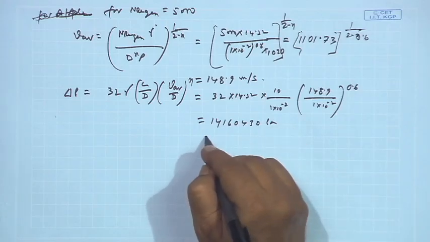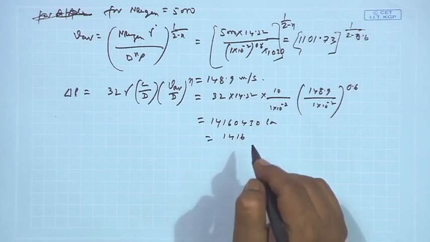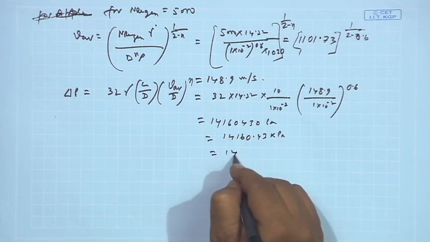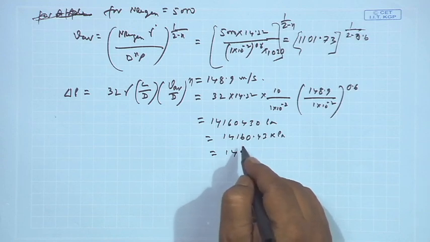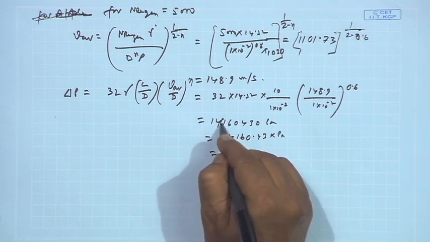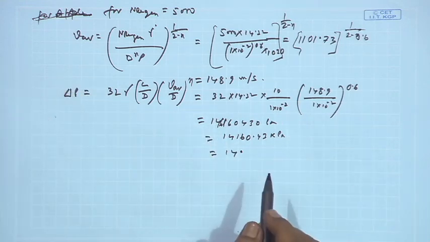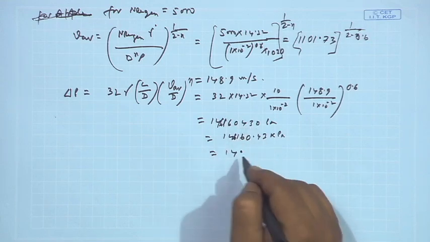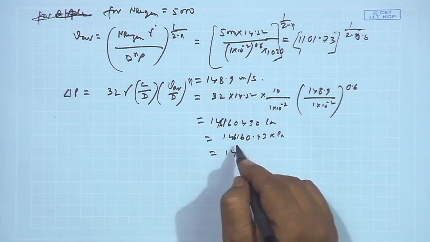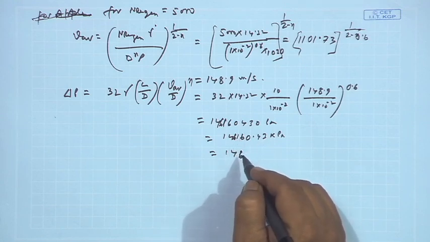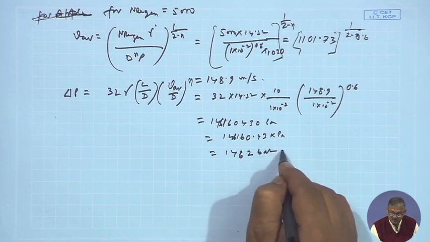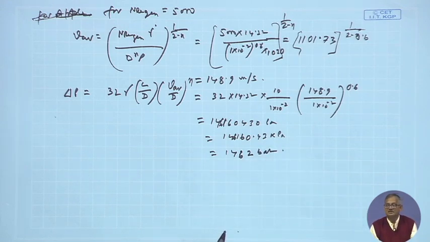So much Pascal, which equals 14160.43 kilopascal, rounded off to about 1462 bar. So this is the delta P.